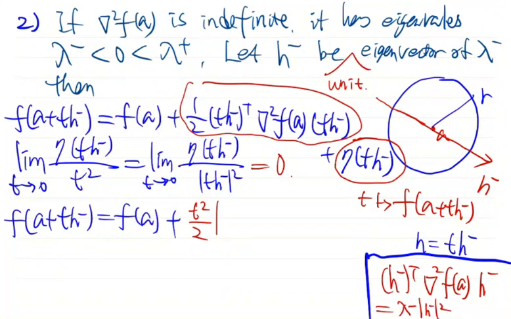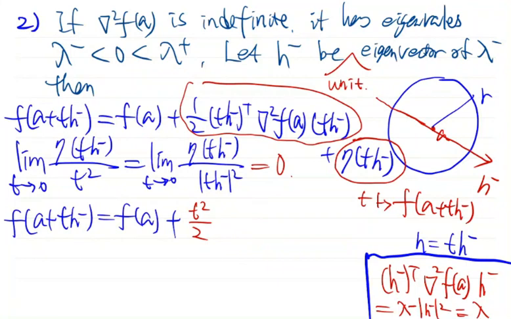H minus is a unit vector, so the final conclusion is that this is lambda minus. We should add the norm of h minus square here, but this is 1, so we don't need to write this.